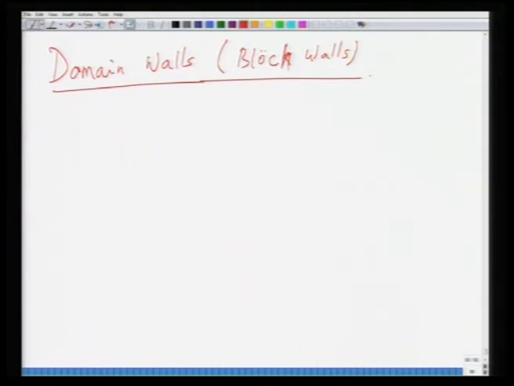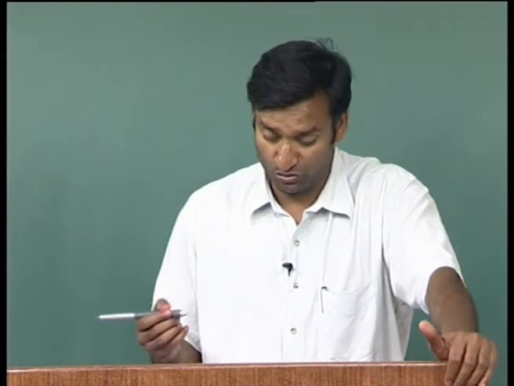Unlike in ferroelectric materials, where you had a region of polarization, then the domain boundary, and then the next region of polarization, at the domain wall the polarization P changed abruptly. So the domain wall width was insignificant, of the order of a lattice parameter or two.